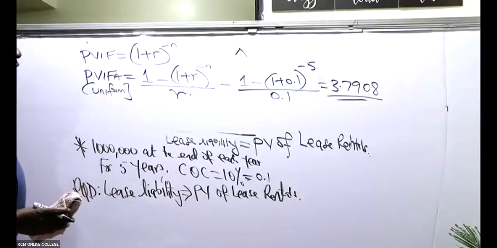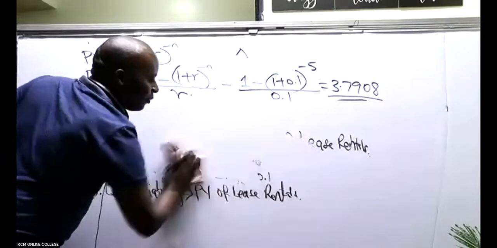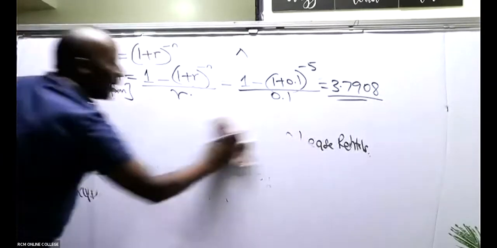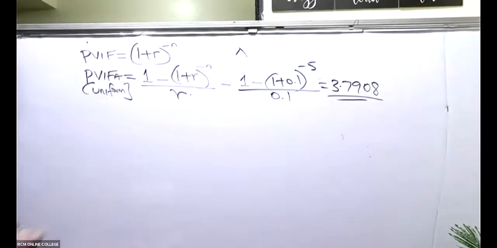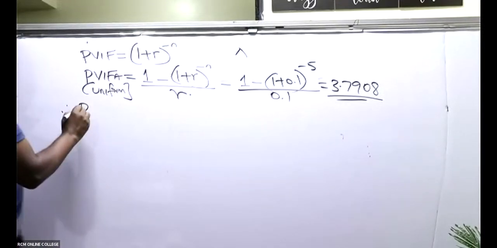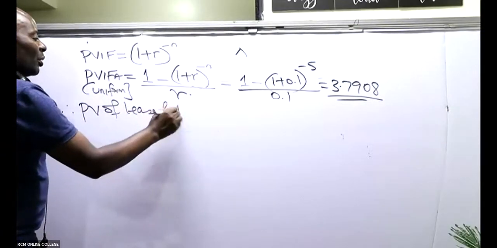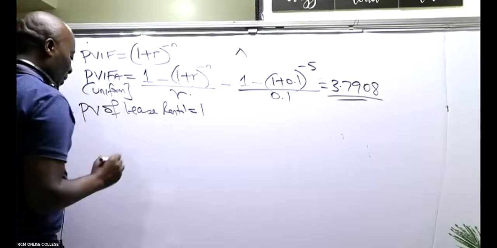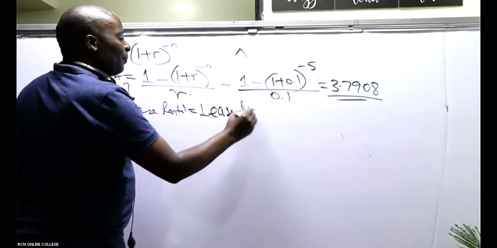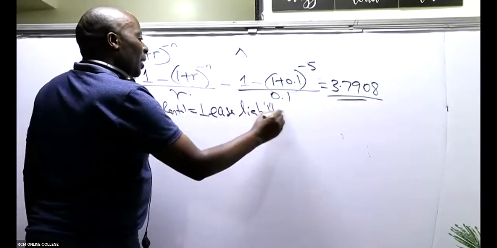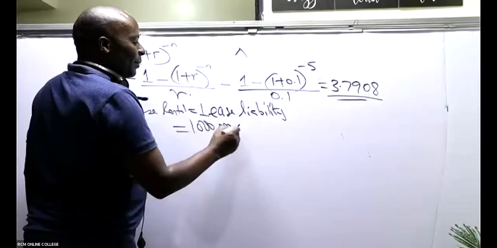And therefore, the present value of our lease rental will be equal to what? Therefore, the present value of our lease rentals, which in this case is our lease liability, will be equal to the annuity of $1 million times PVFA.